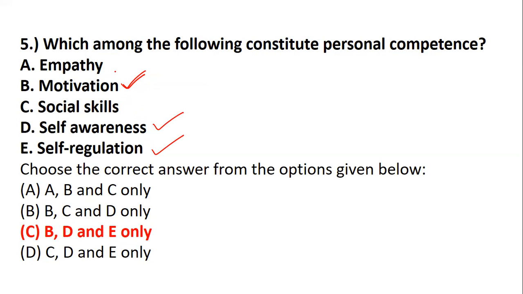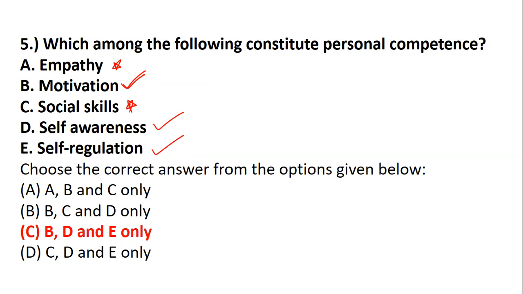Now, let's see. Empathy, that is your ability to understand, is not required as a personal competence right now as a student. And social skills, see, unless and until you are confident, the first step is about your awareness, your regulation, and your encouragement. Empathy and social skills will come at a very matured level, but they didn't mention that.